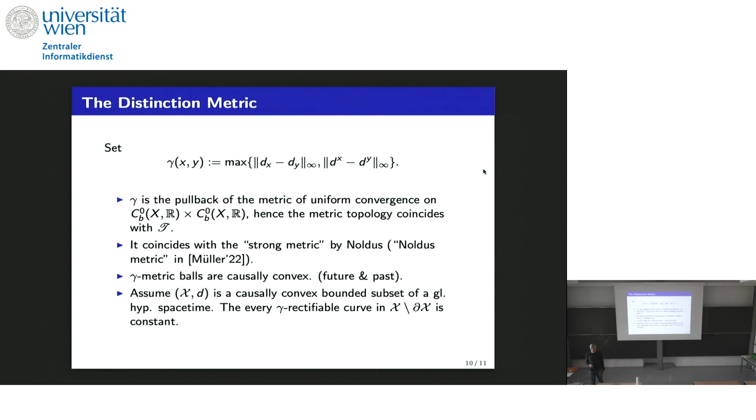This is really bad. I think Olaf has a comment on this as well in his paper. It shows in a certain way that this metric is not the right one to do Lorentzian geometry with. It appears naturally out of the time separation, but in the good examples, it's virtually useless.